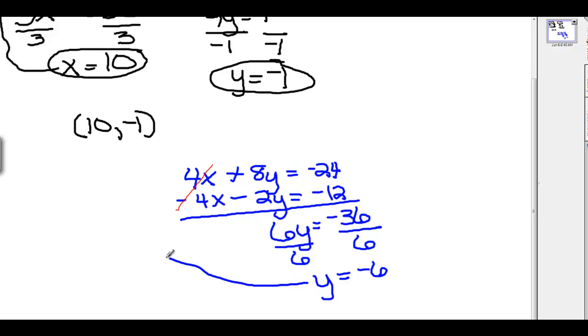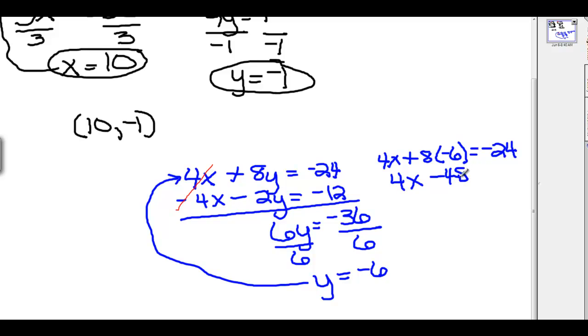Then I take this and I'm going to plug it back in, and I can actually plug it in into either one of the equations, but just to keep things simple, I tend to always plug it back into the top equation. So that's going to give me 4x plus 8 times -6 equals -24. So that's 4x minus 48. 8 times 6 is 48.